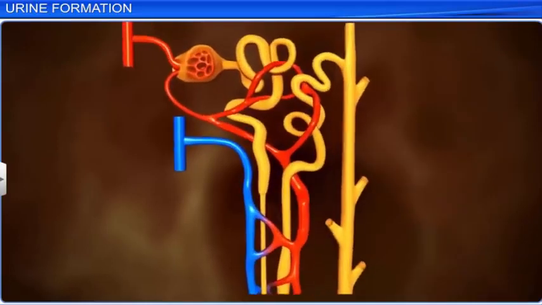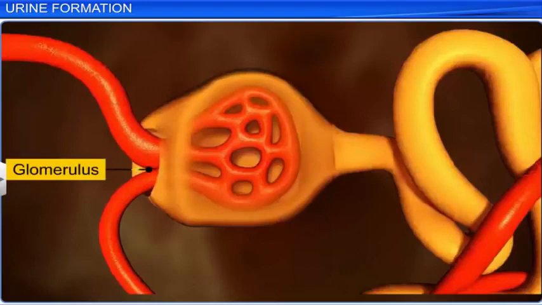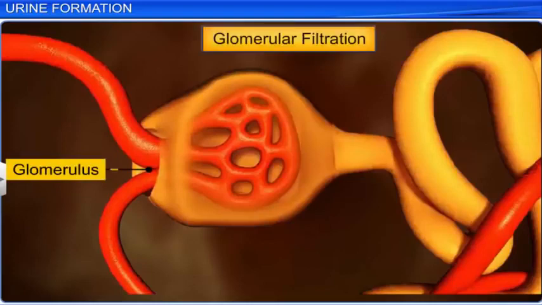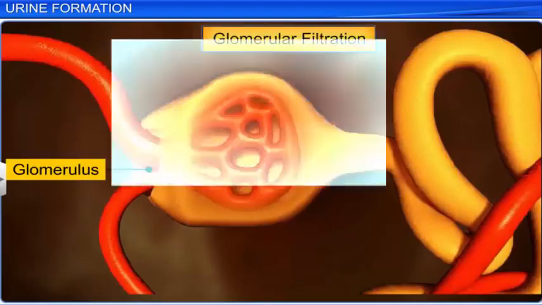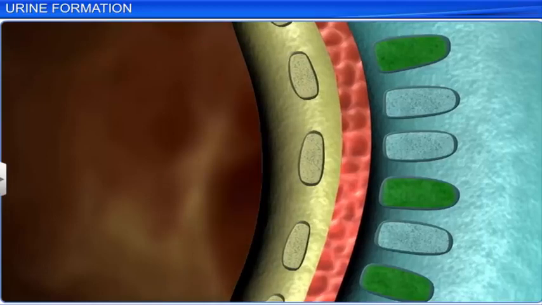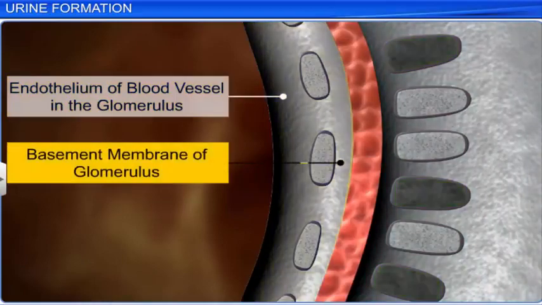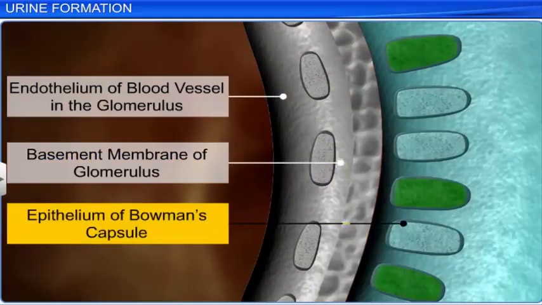The first step in urine formation is the filtration of blood, which takes place in the glomerulus, and hence the name glomerular filtration. The pressure of blood in the glomerular capillaries forces the blood to pass through 3 layers, namely the endothelium of the blood vessel or the capillary, the basement membrane of the glomerulus, and the epithelium of Bowman's capsule.